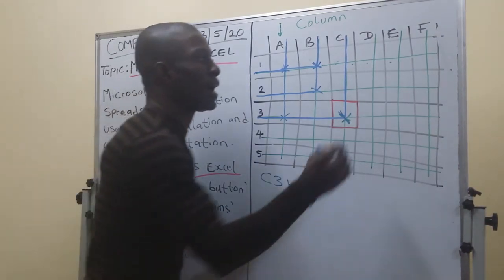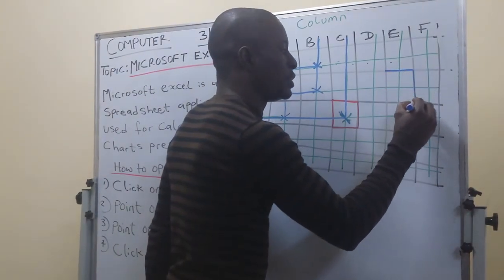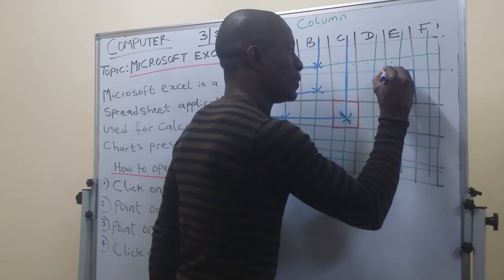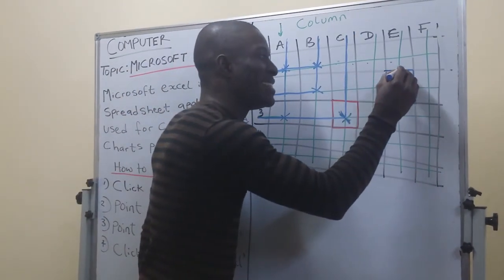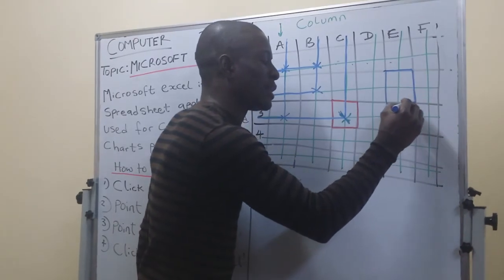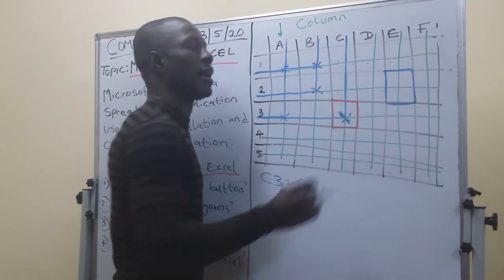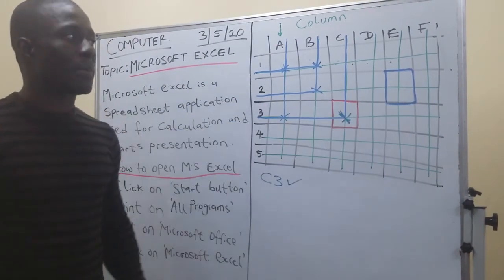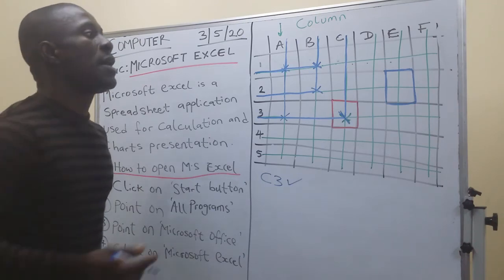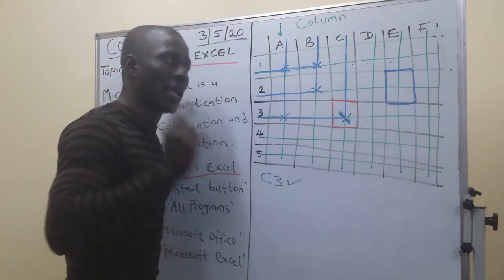Now let's find out the column and the row that formed this particular cell. If you are asked, what is the name of this particular cell? The name of this particular cell can be gotten by the row and column that formed it.